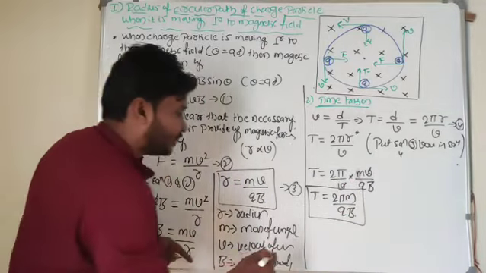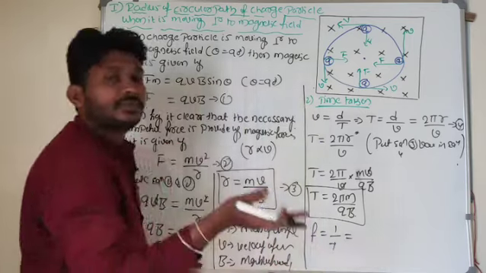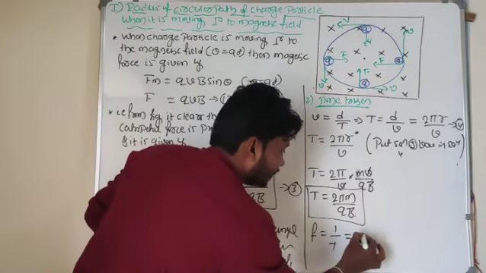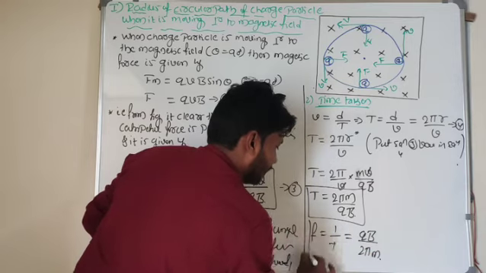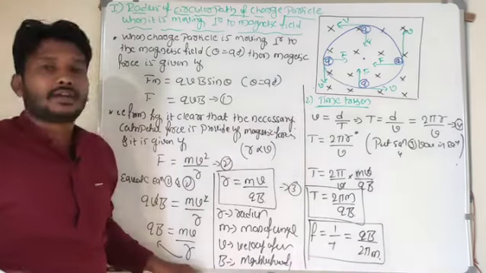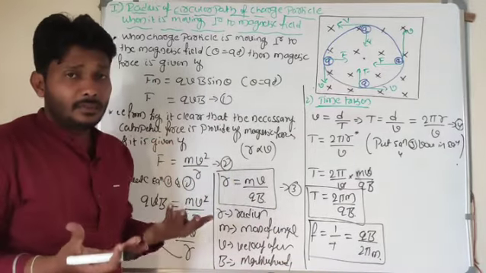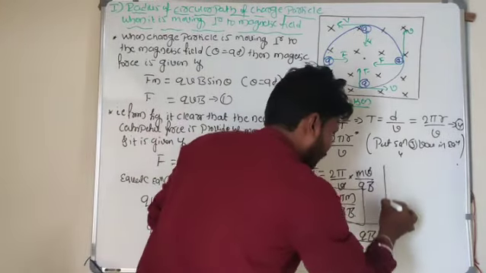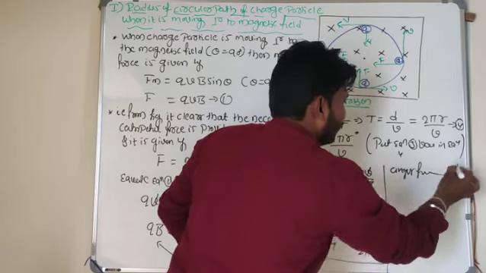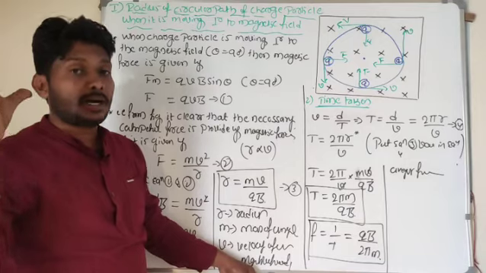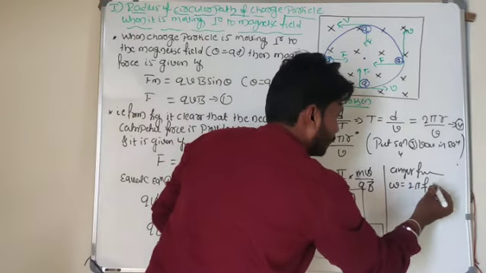Then what about the frequency? Frequency is nothing but 1 by time taken, so f is equal to q into b divided by 2 pi m. What about the angular frequency? We can form many other equations. In case of a system of particles and rotational motion, omega is equal to 2 pi into f.